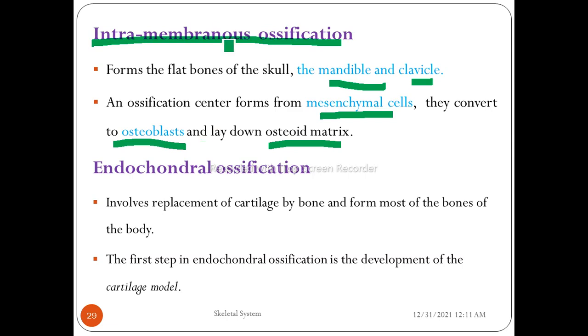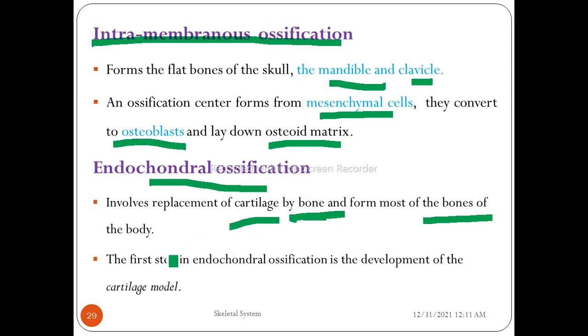So flat bones are formed by intramembranous ossification, whereas most of the bones of the body are formed by endochondral ossification, by changing hyaline cartilage into bone. This one is by changing fibrous membrane into flat bone.